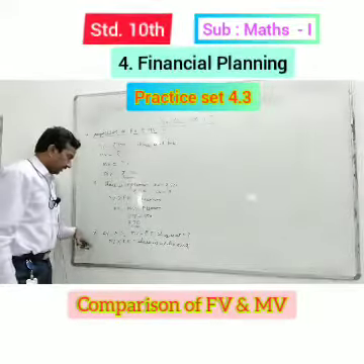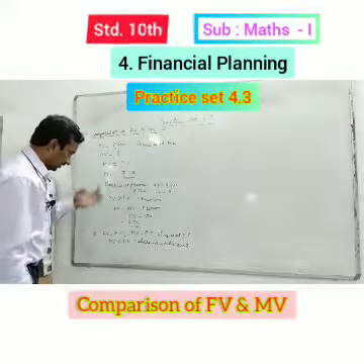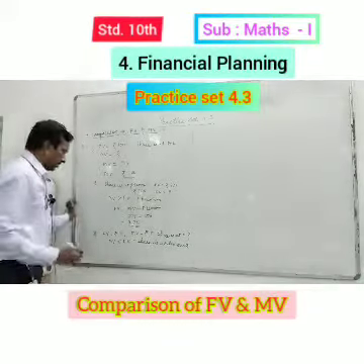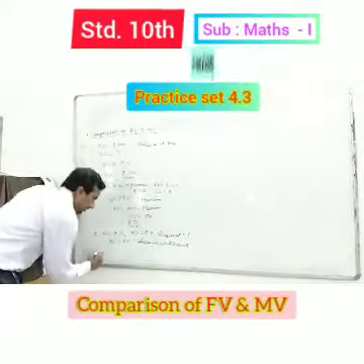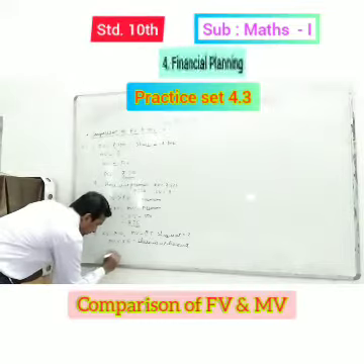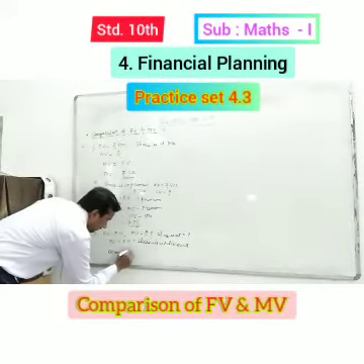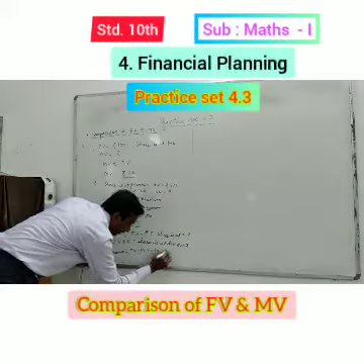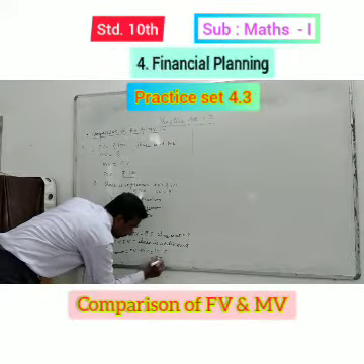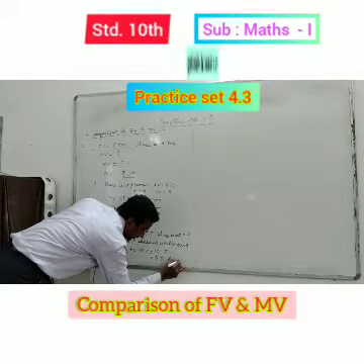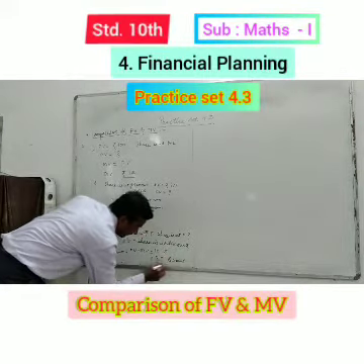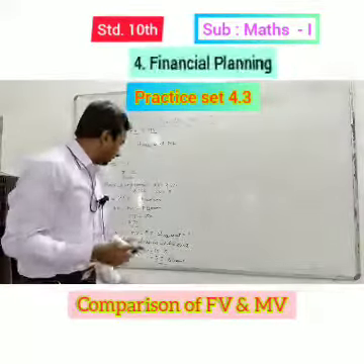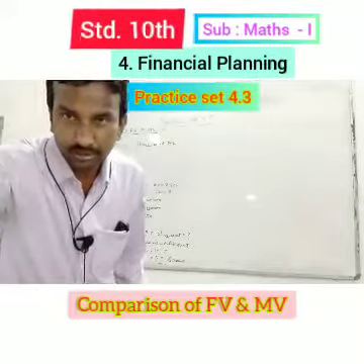Discount of rupees is face value minus market value, 10 minus 5, that is rupees 5 discount. Means share is at discount of rupees 5. Got it? Okay.